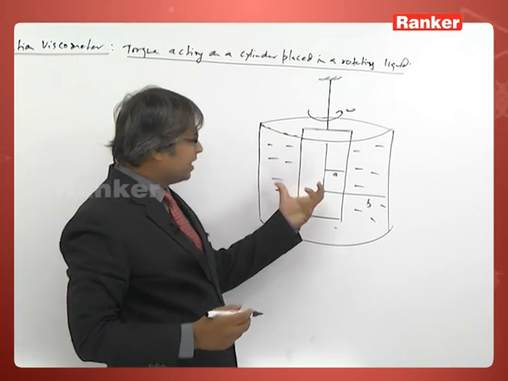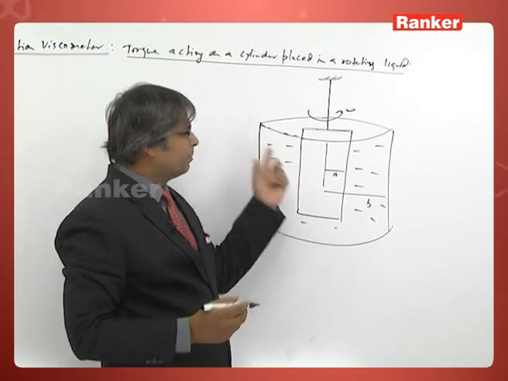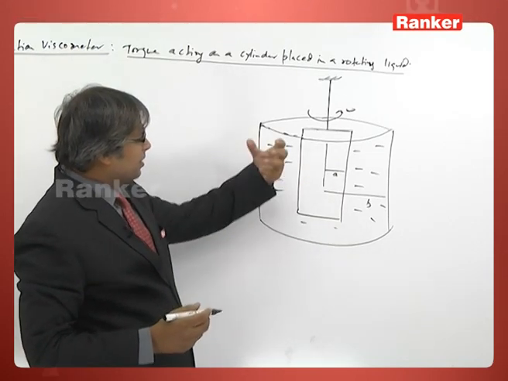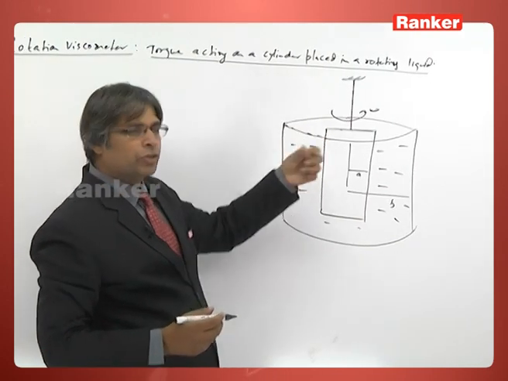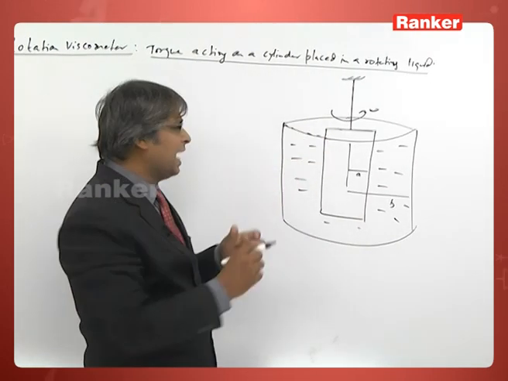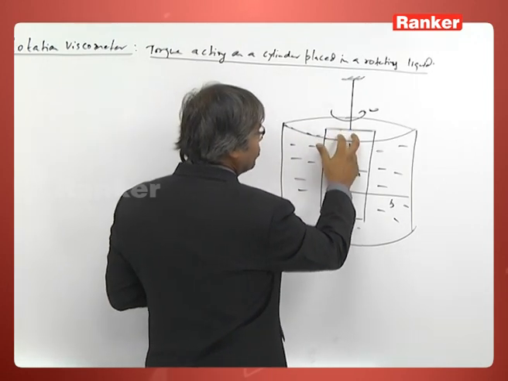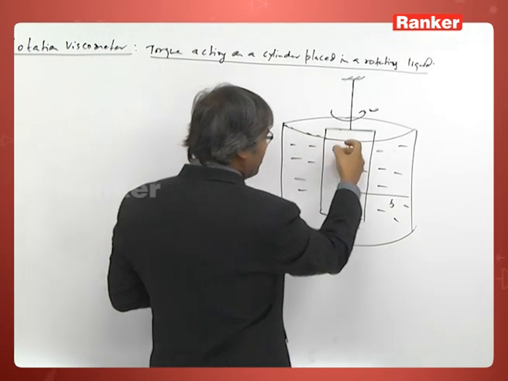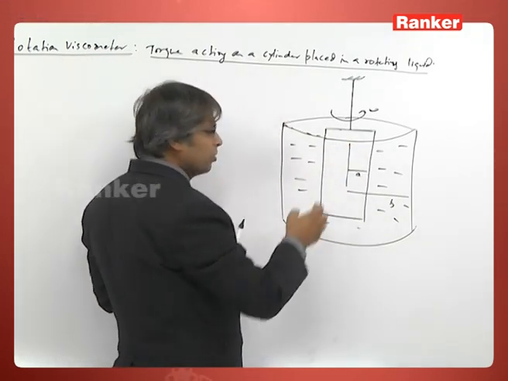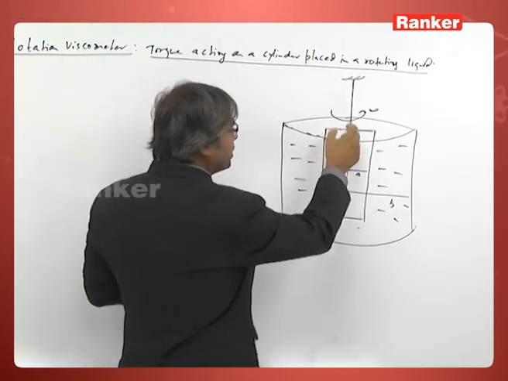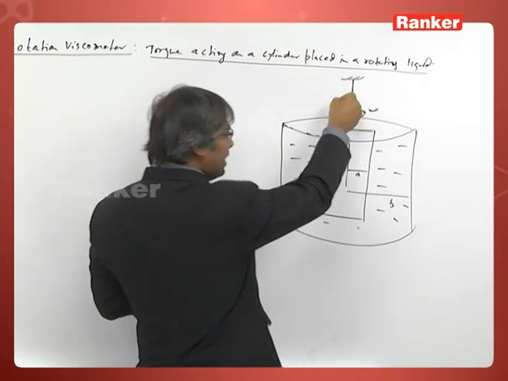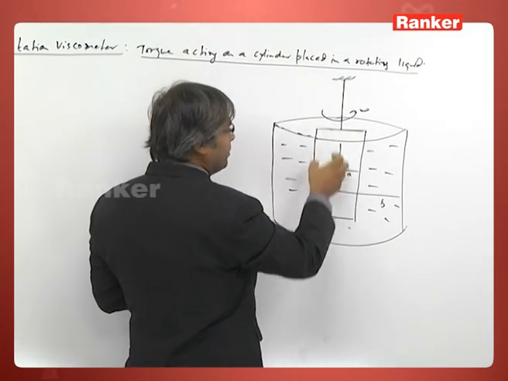The liquid between the two cylinders will begin to rotate and transfer some viscous force to the inner drum, so the inner drum will get turned. Due to torsion, there will be a restoring torque and so there will be a balance.